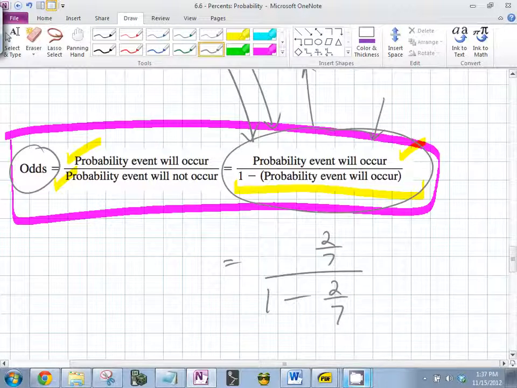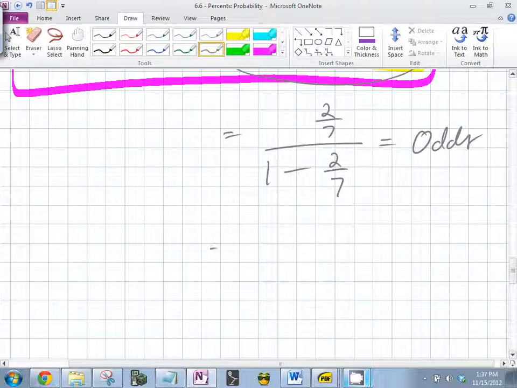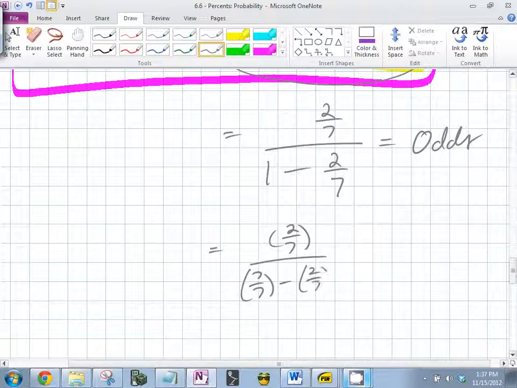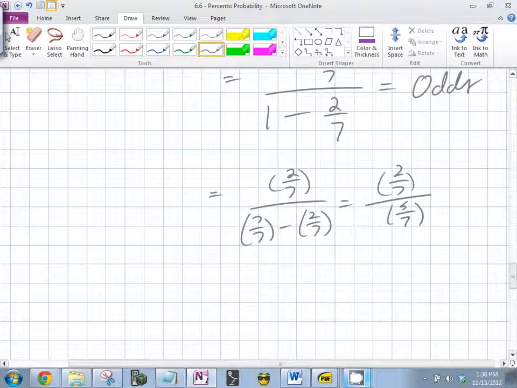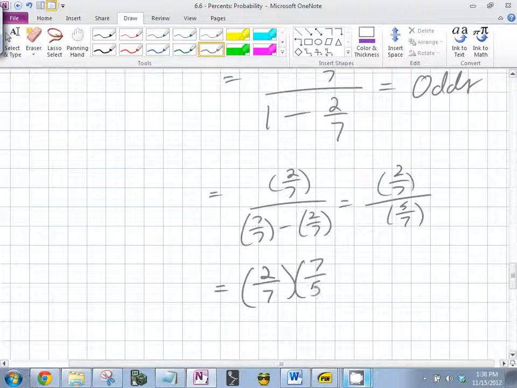We need a common denominator on the bottom. So that's going to be 7 over 7, which is 1, minus 2 over 7. So that's 2 over 7 over 5 over 7. Dividing by a fraction is the same thing as multiplying by the reciprocal. So you have 2/7 times 7 over 5, the 7's cancel, 2/5.